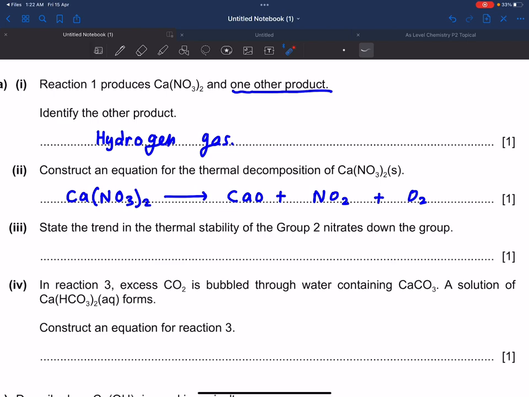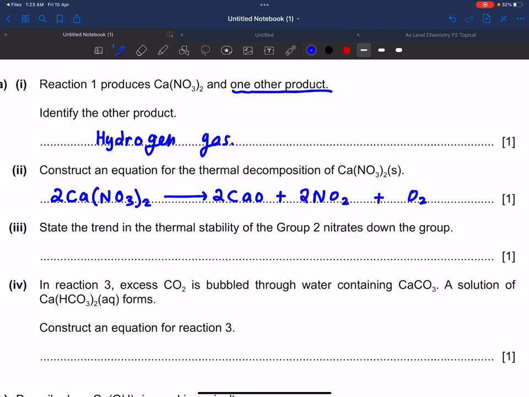So what you're going to do is balance these equations. There is 1 and 2 is 3 and 2 is 5, and there are 6 oxygens. So first of all, balance it. Put 2 here. When I put 2 there, I'm going to put 2 here, and obviously 2 here.